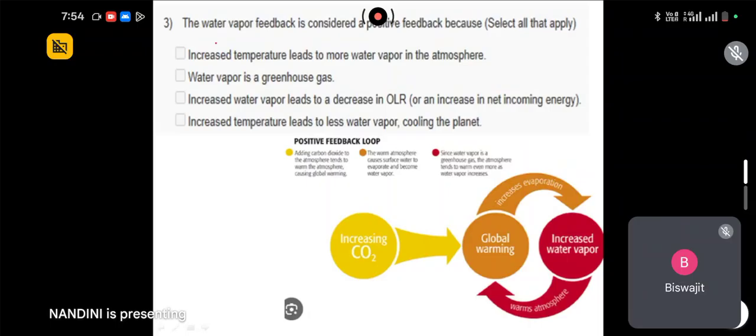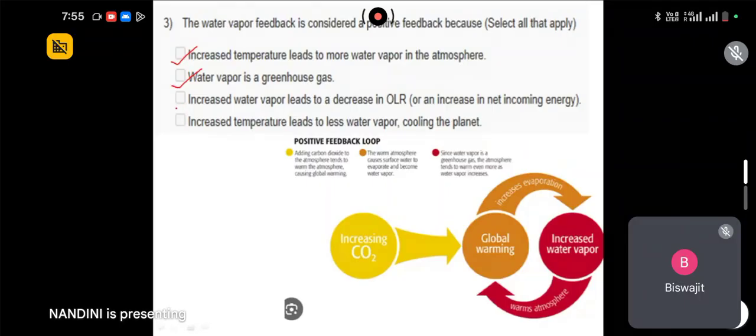So among these, why is water vapor feedback considered a positive feedback loop? That is the question. The first one: increased temperature leads to more water vapor in the atmosphere. Is it true or false? True, yes. Second: water vapor is a greenhouse gas. True. Increased water vapor leads to a decrease in outgoing longwave radiation.